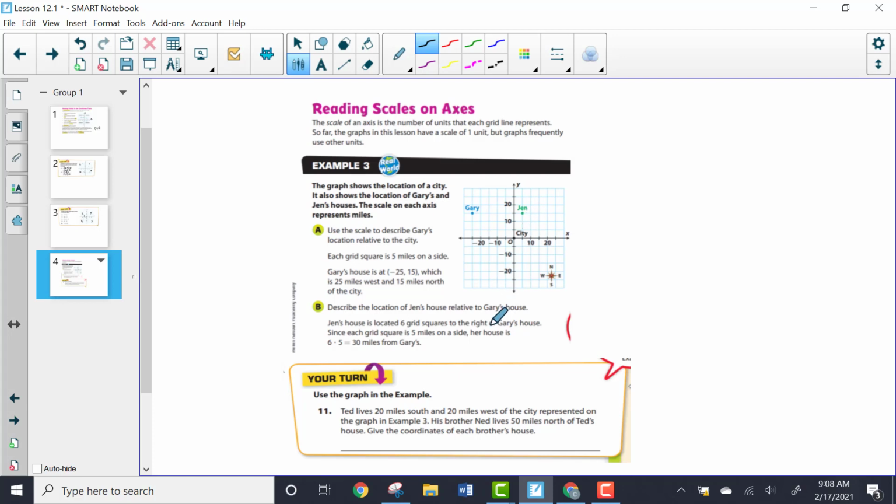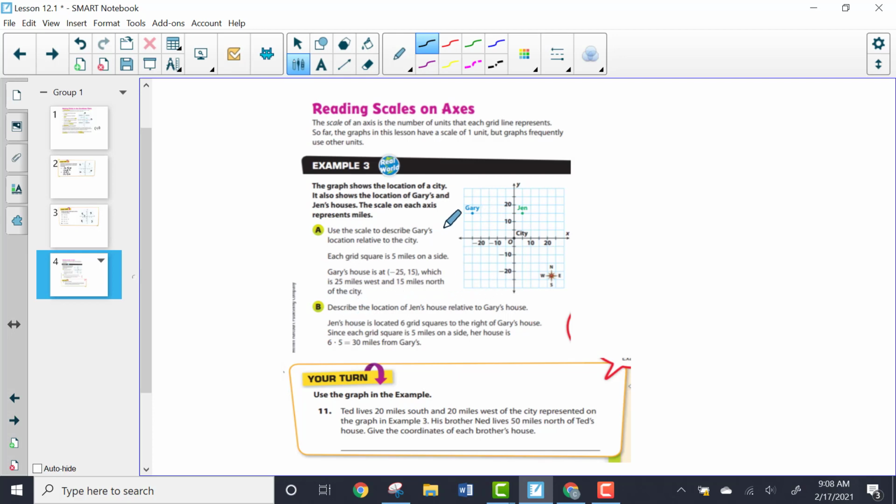All right, so if we're taking a look at Jen's house relative to Gary's house, you can see Jen's house is located 6 square grids to the right of Gary's house. How do we know that? We have 1, 2, 3, 4, 5, 6 square grids. All right.